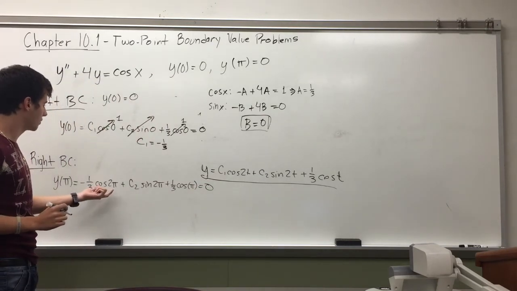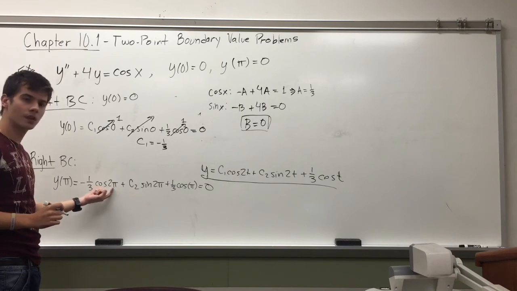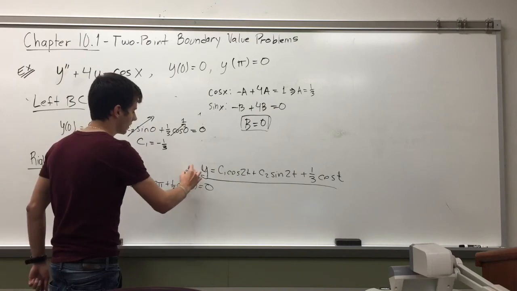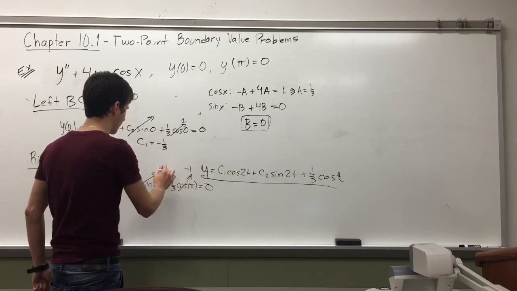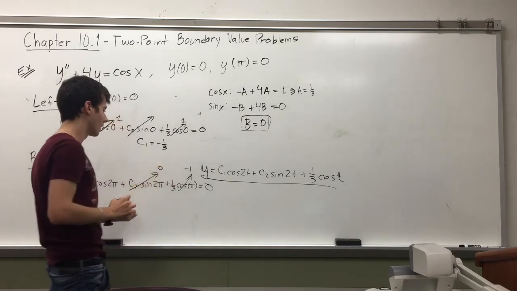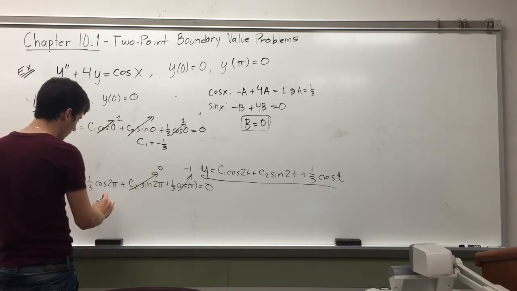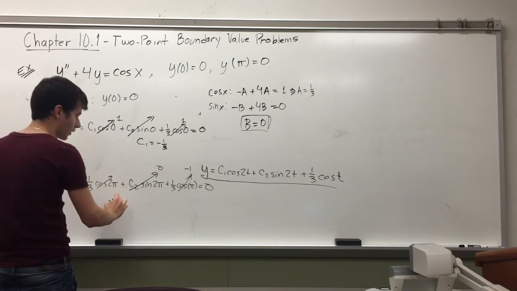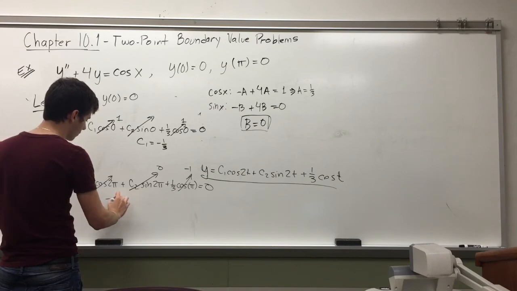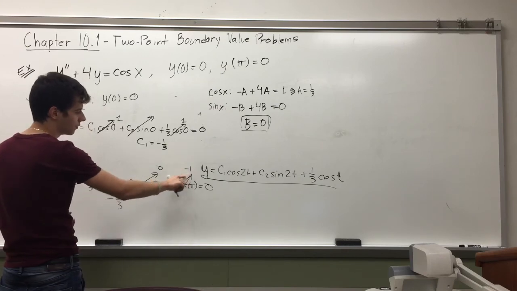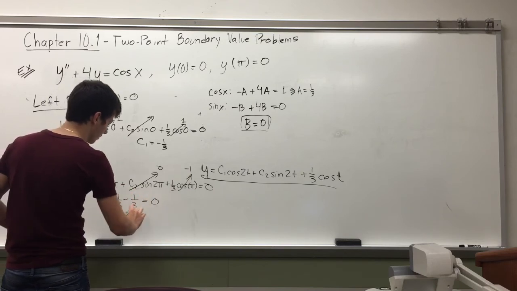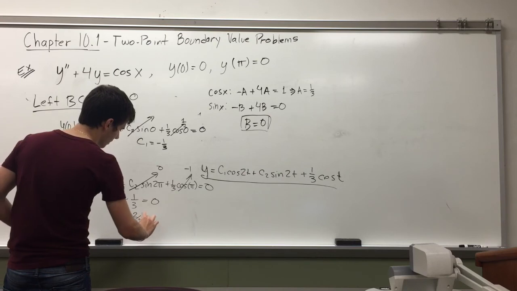The cosine of 2 pi is equal to 1, and the cosine of pi is negative 1. This term right here vanishes because sine of 2 pi is equal to 0. So we have minus 1/3, and this is also negative, so negative 1/3, that is equal to 0. So negative 2/3 is equal to 0.